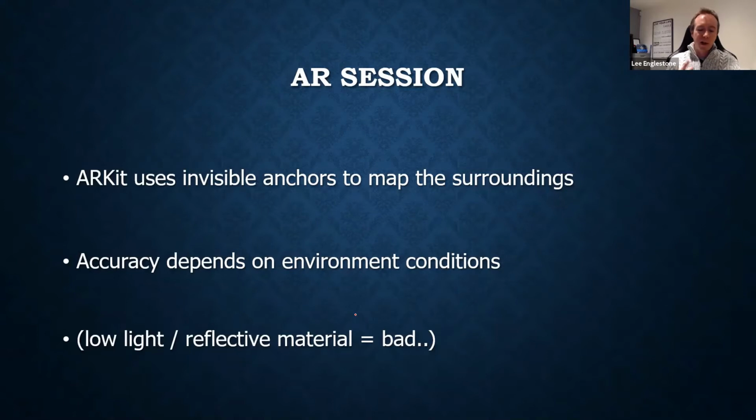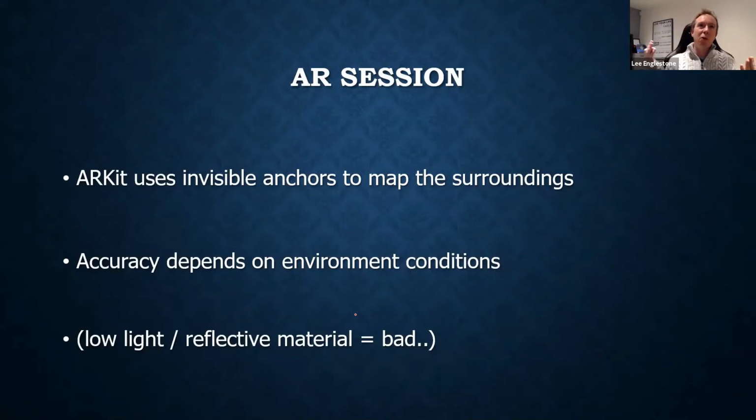The other kind of things that are going to limit you is the surfaces that you're looking at. So augmented reality in ARKit works best if you're not looking at reflective materials, things like mirrors or glass. And it doesn't work very well if you're looking for planes, that's a flat surface, like walls, if you've got a very plain wall.